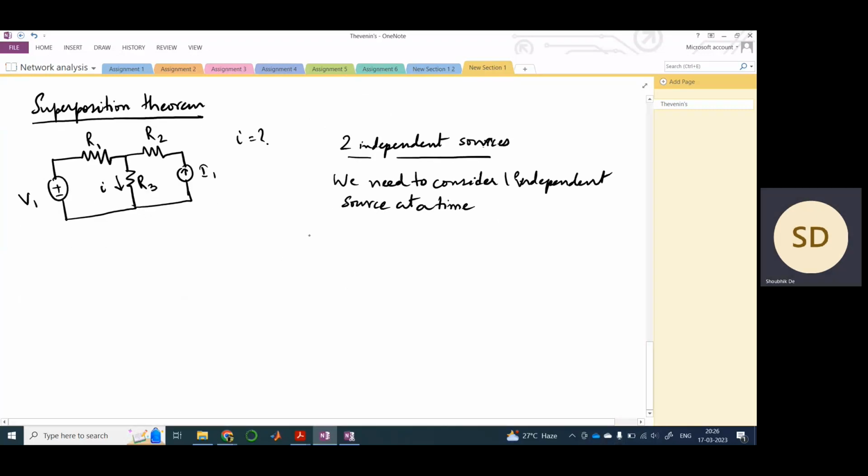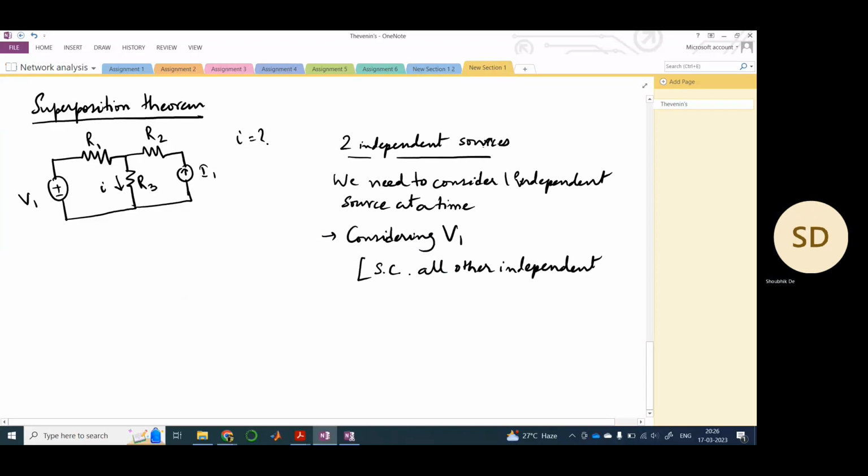So let's say considering V1, that is the independent voltage source. When we do that, if we have other sources, say instead of I1 we had another voltage source V2 connected here, we need to short circuit all other independent voltage sources.